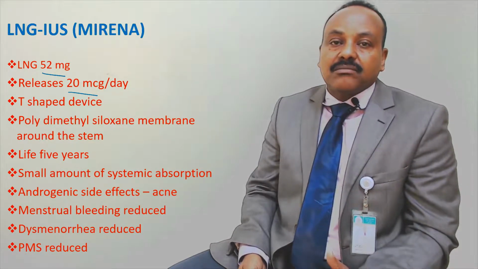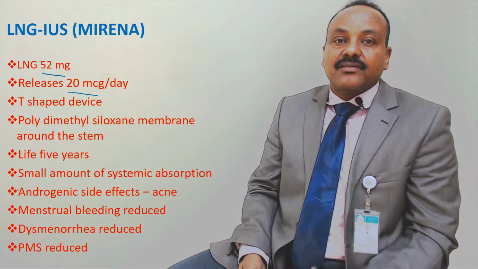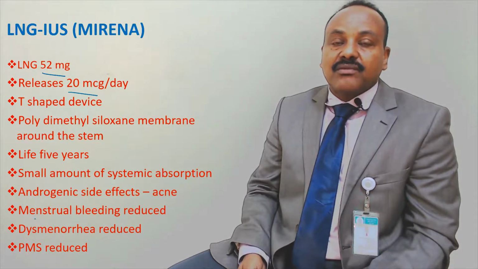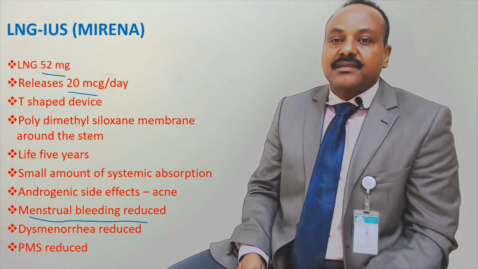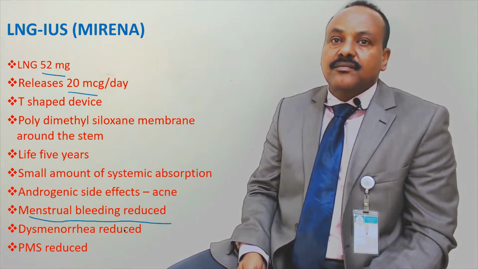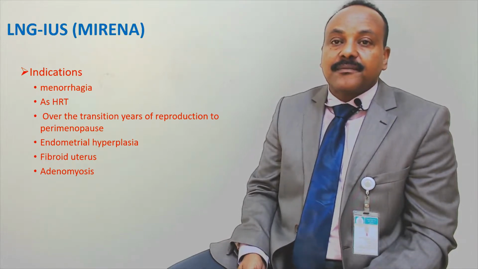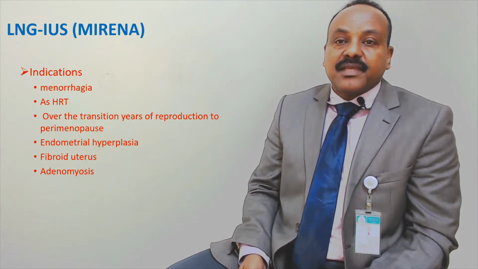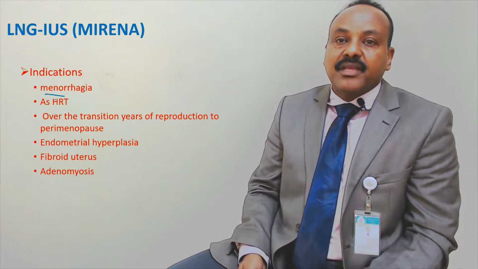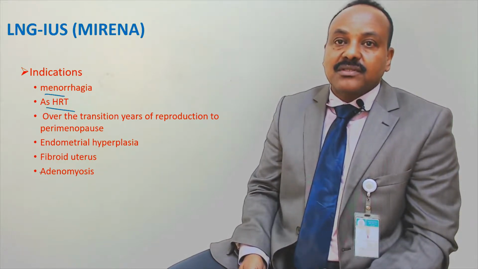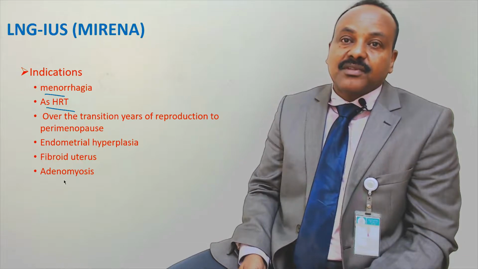One of the most important advantages is that it can be used for those who have heavy menstrual bleeding, like menorrhagia, or in hormone replacement therapy, and many uses. It is one of the most important contraceptive methods.